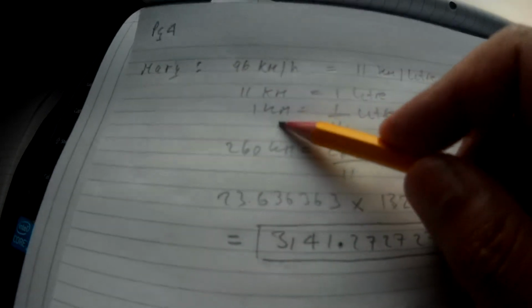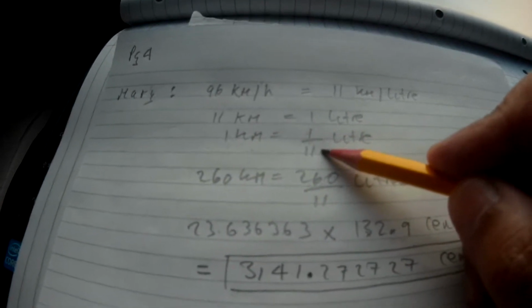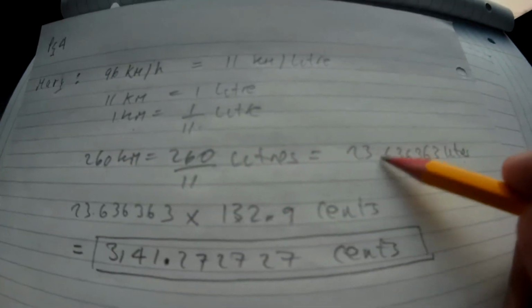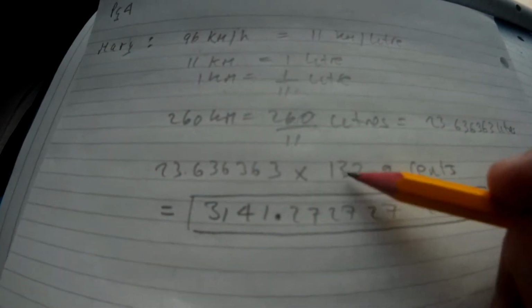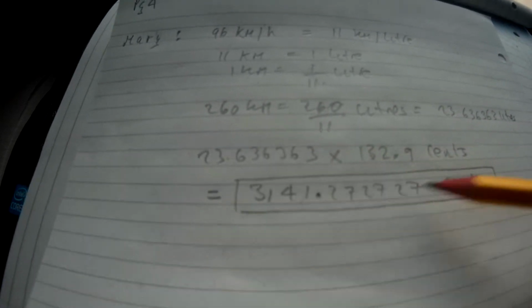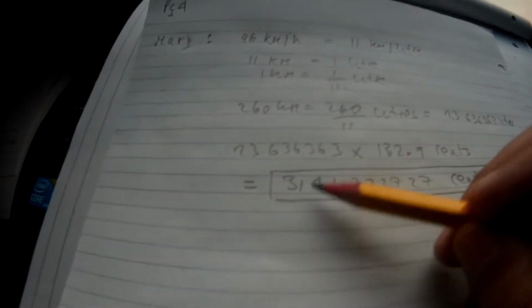So 260 kilometers you've used up 23.636363 liters. If each liter is 132.9 cents, then you will have used 23.636363 multiplied by 132.9 cents. That gives 3141.272727 cents. So Mary uses up that amount of money when traveling.